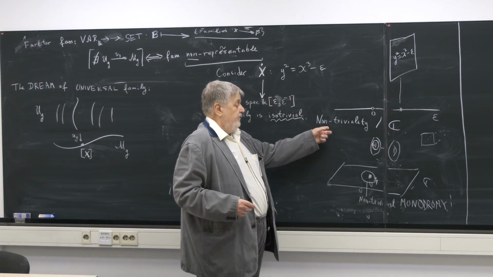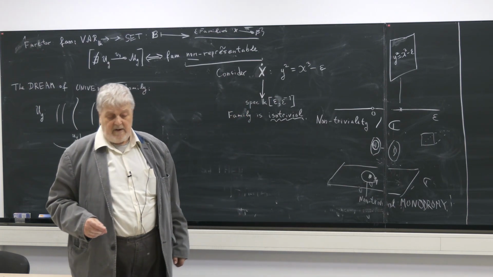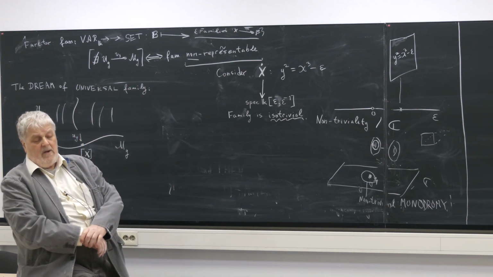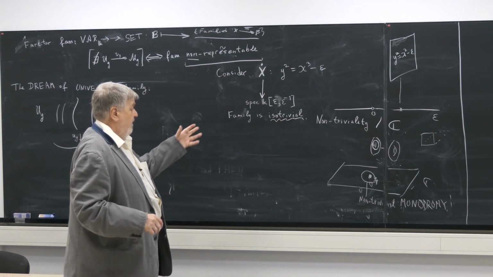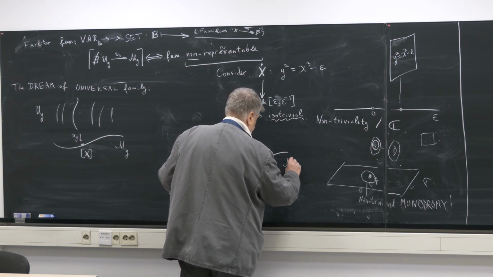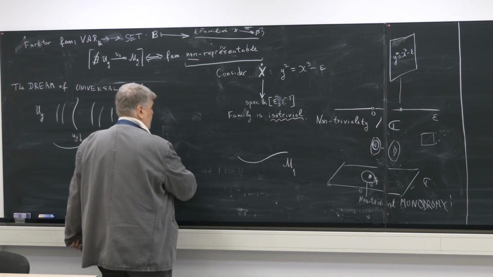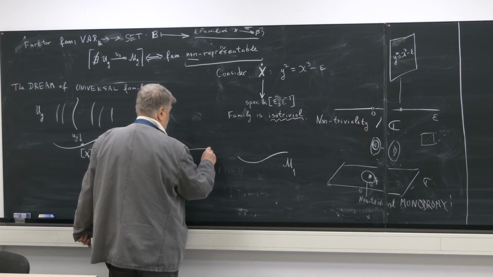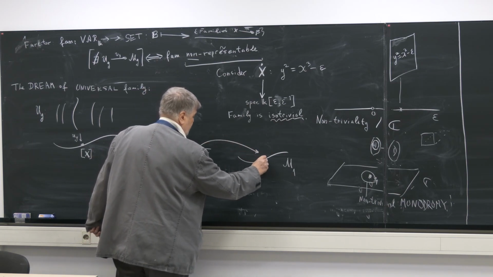So, it is obvious that the trivial family has trivial monodromies, so the family is non-trivial. However, since the fibers are isomorphic, our epsilon line is mapped to a certain point.